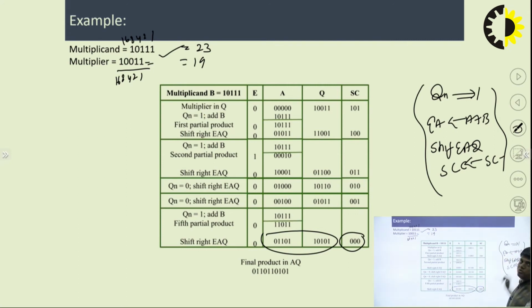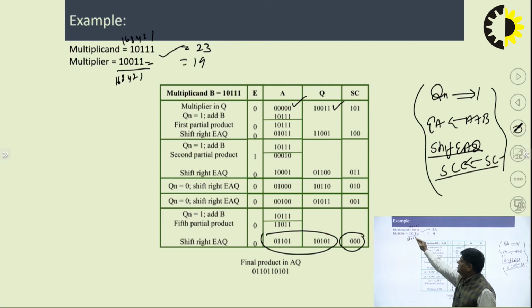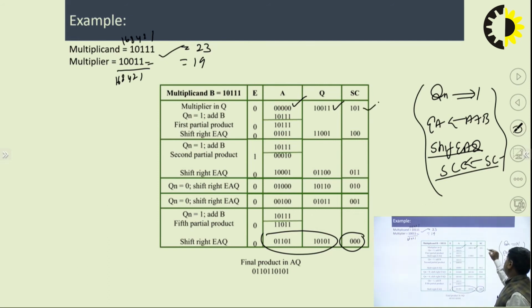If Q1 is equal to 1, EA equals A plus B, shift EAQ, and SC is equal to SC minus 1. Now in the starting, A is 0 and Q is the value given, that is 19, and SC is equal to 5, 101, that is a 5.